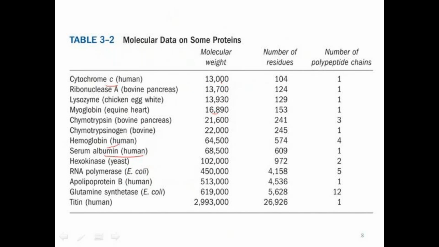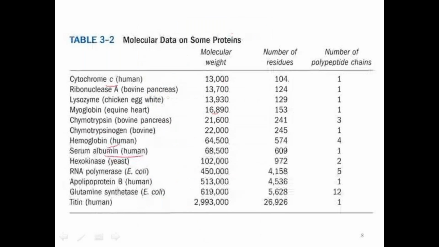Cytochrome C has a molecular weight of 13,000 and 104 residues in a single polypeptide chain, and myoglobin is also a single polypeptide chain. You have to remember this table. Read it once. Okay, next.